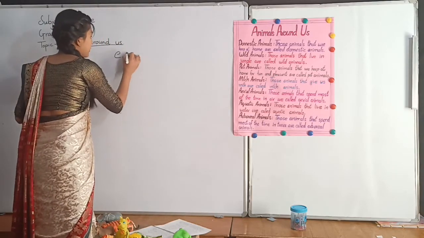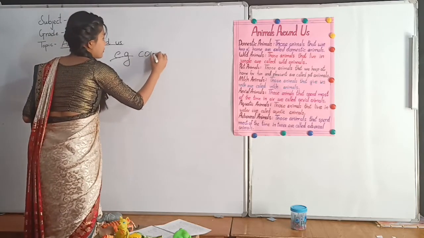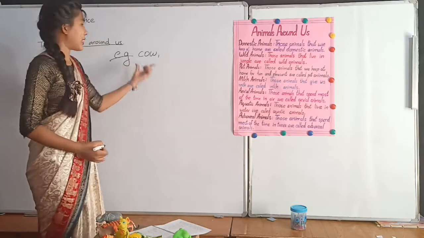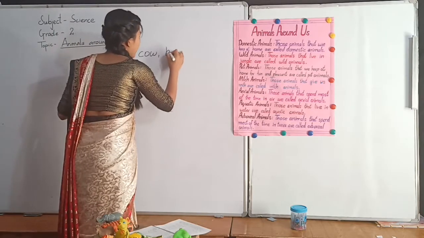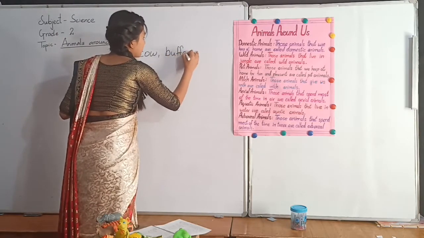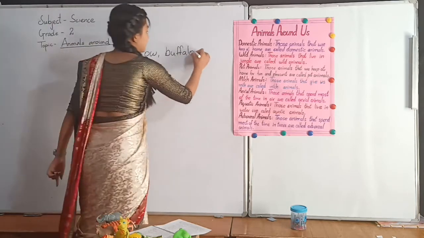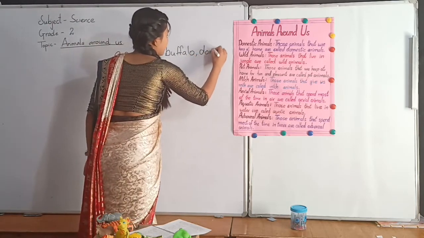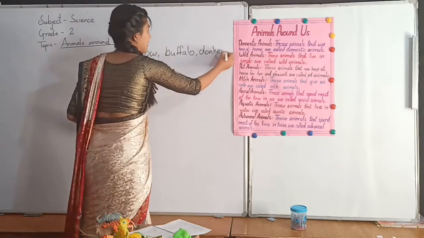Cow. Cow is a domestic animal. Buffalo is also a domestic animal. Donkey is a domestic animal.